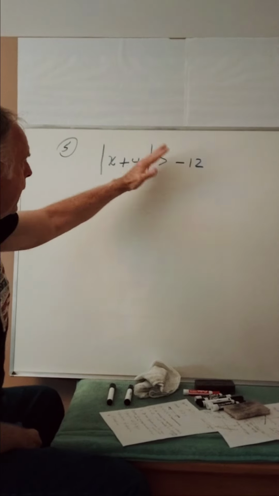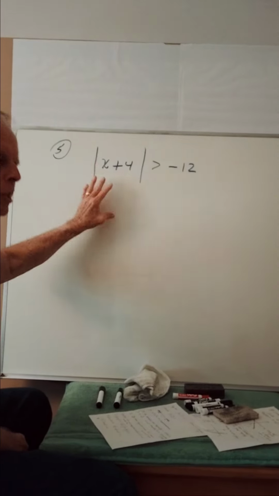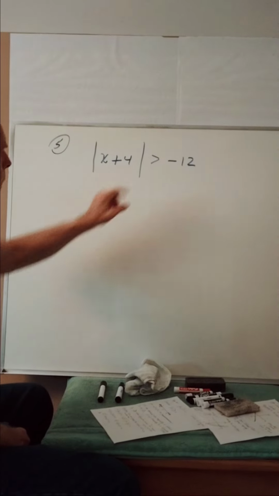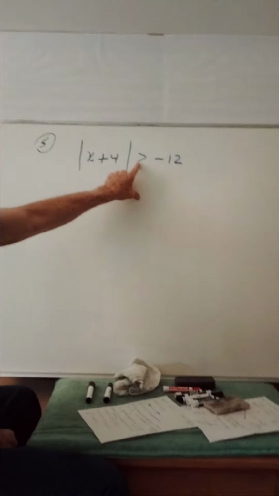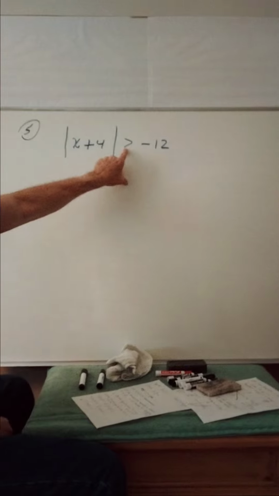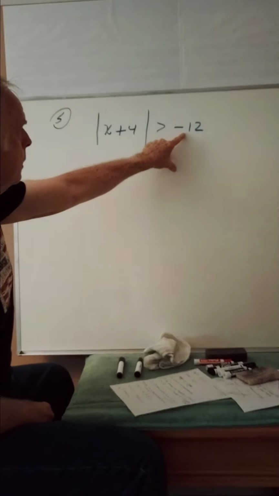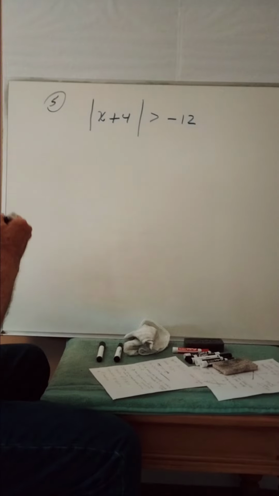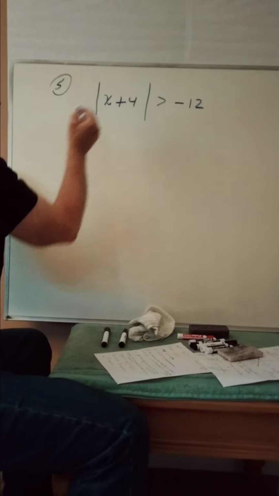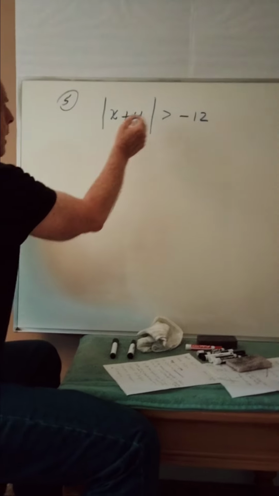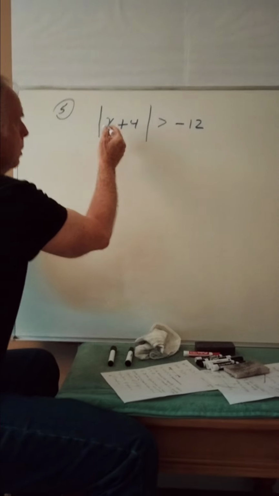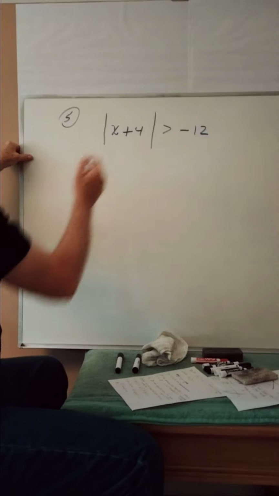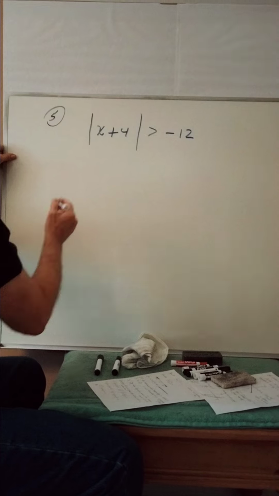It has to be greater than any negative. If we've got the absolute value of x plus 4 that is greater than negative 12, it's got to be true for all real numbers. Any real number will satisfy this. It doesn't matter what the number is, it will pass that test. So there isn't any translation.